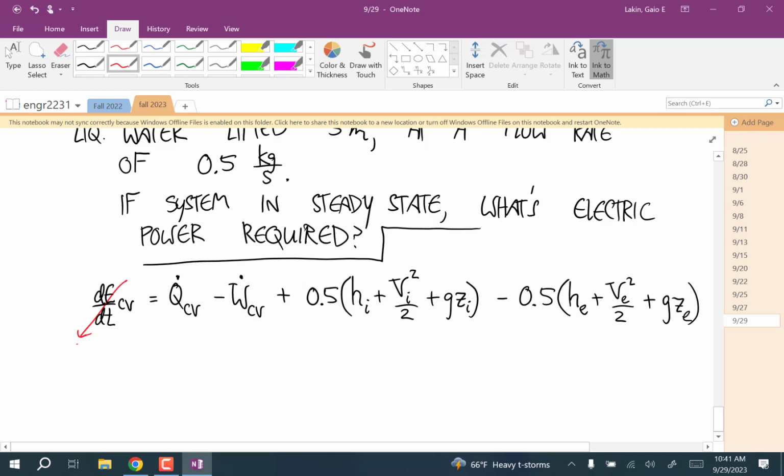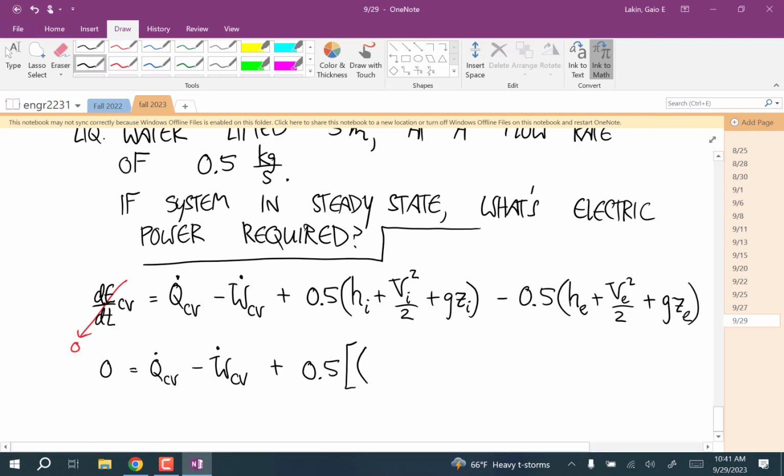Steady state, so we know we can get rid of that. So 0 is equal to Q dot minus W dot plus, I'm going to group these together, 0.5 times, let me make that a bracket.